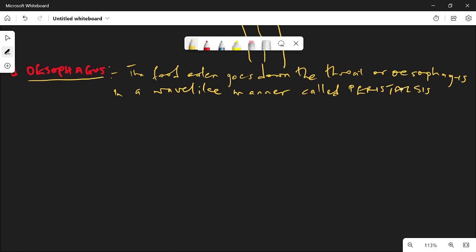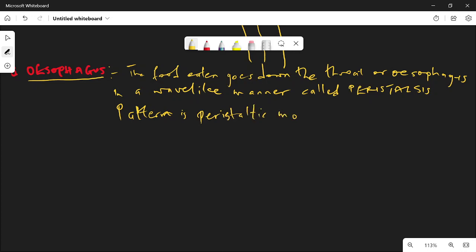It goes down, the food eaten goes down the throat or esophagus in a wave-like manner called what? Peristalsis. It follows a pattern we refer to as a peristaltic movement.